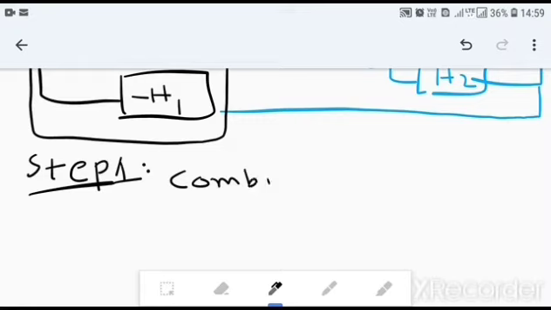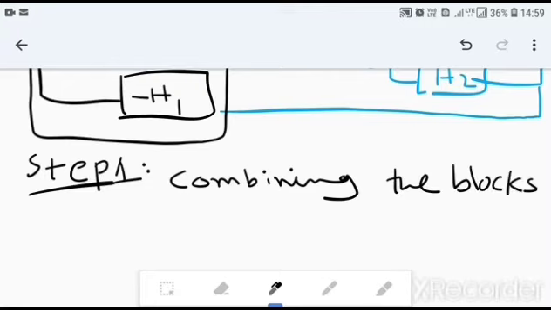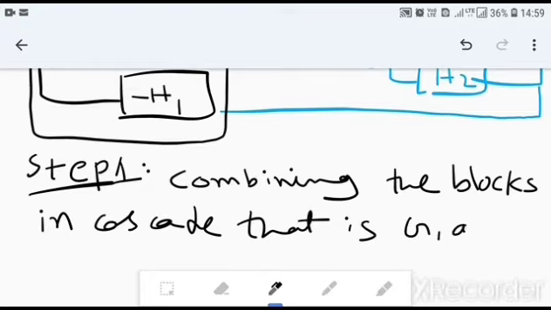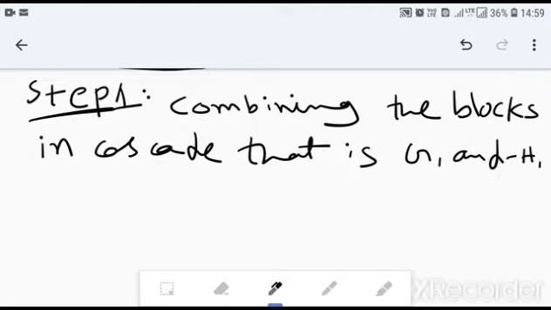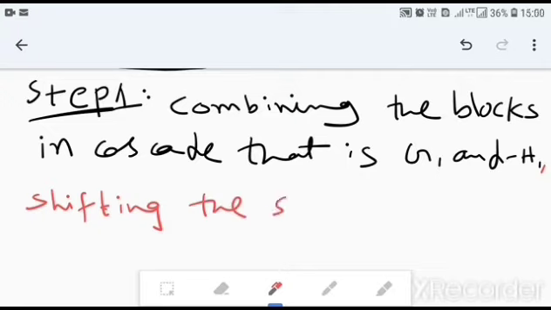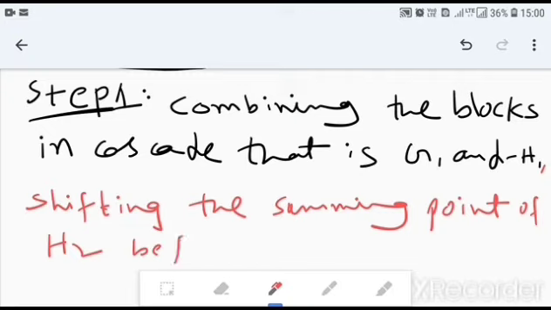Combining the blocks in cascade, that is G1 and minus H1, and shifting the summing point of H2 before G2 and rearranging the branch points.